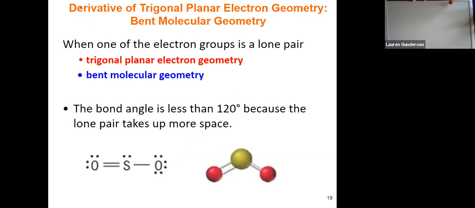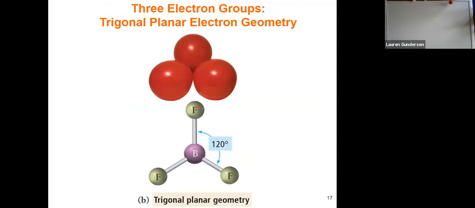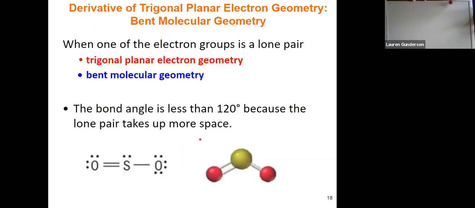Now what we have here is our first derivative of one of our perfect electron geometries. A derivative is what happens if we remove one of our bonding groups and we replace it with a lone pair. That's what's happening here.